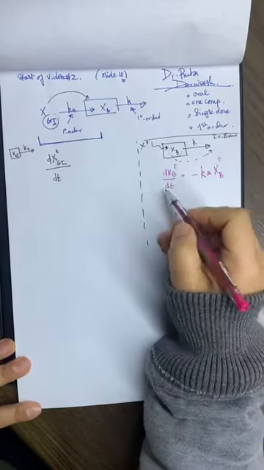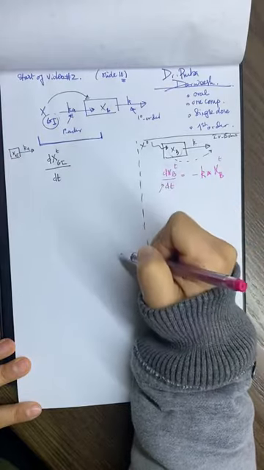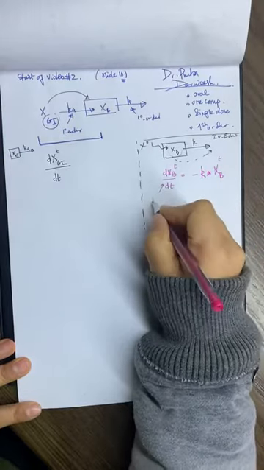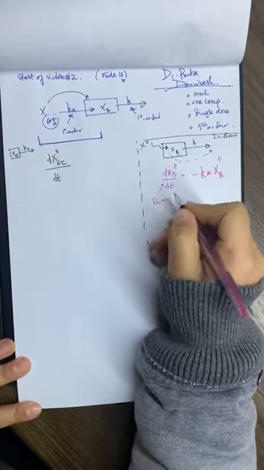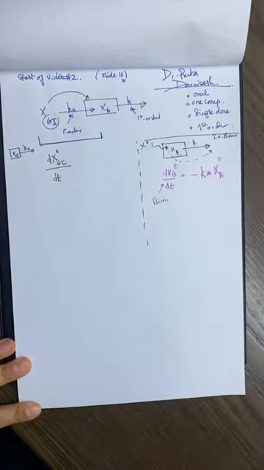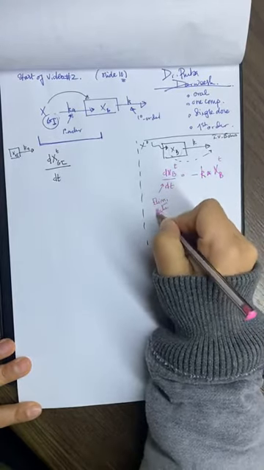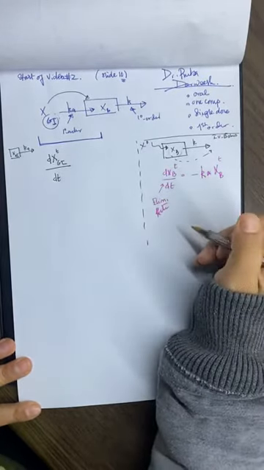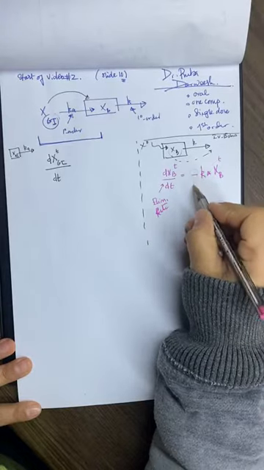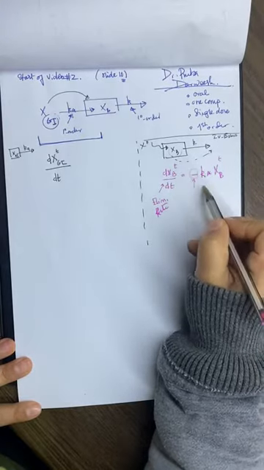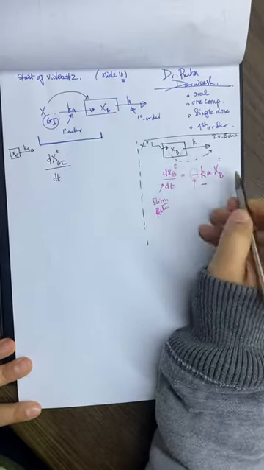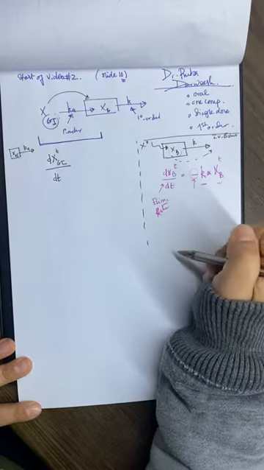This is the rate of change in the amount per unit of time, which we called elimination rate, right? It was equal to minus, because it's decreasing, K, which is the first order elimination rate constant, times XP.